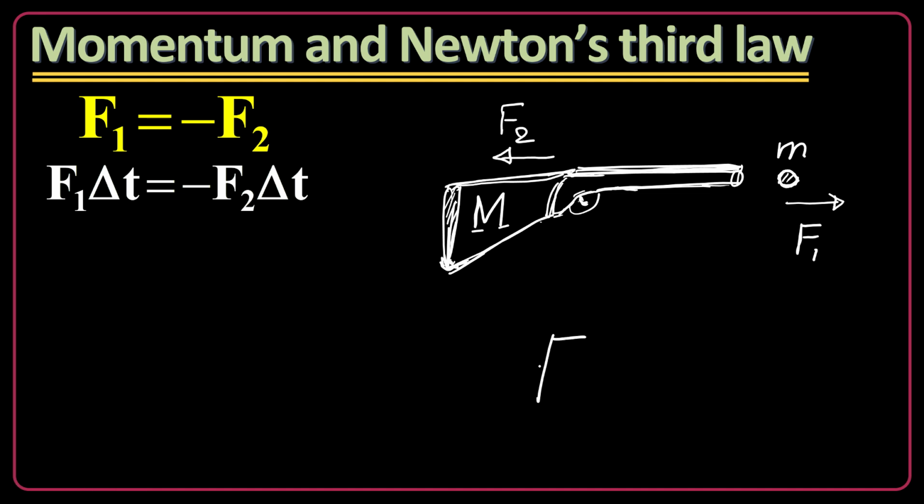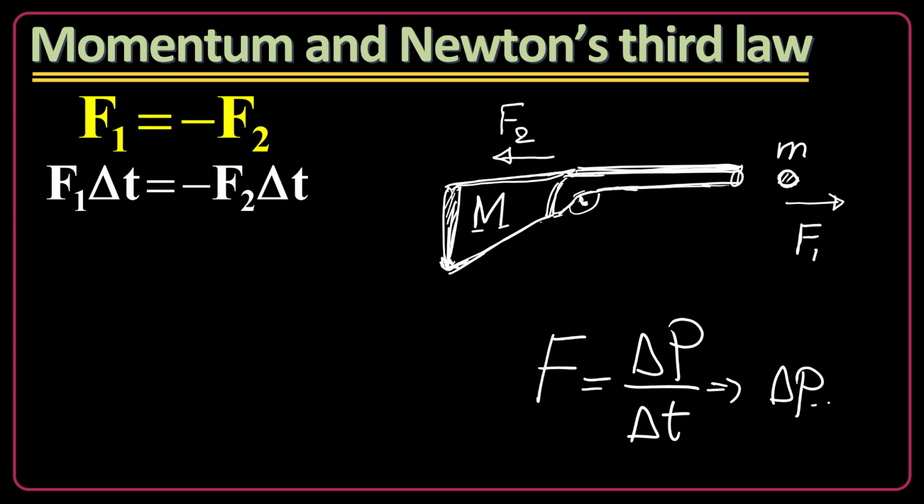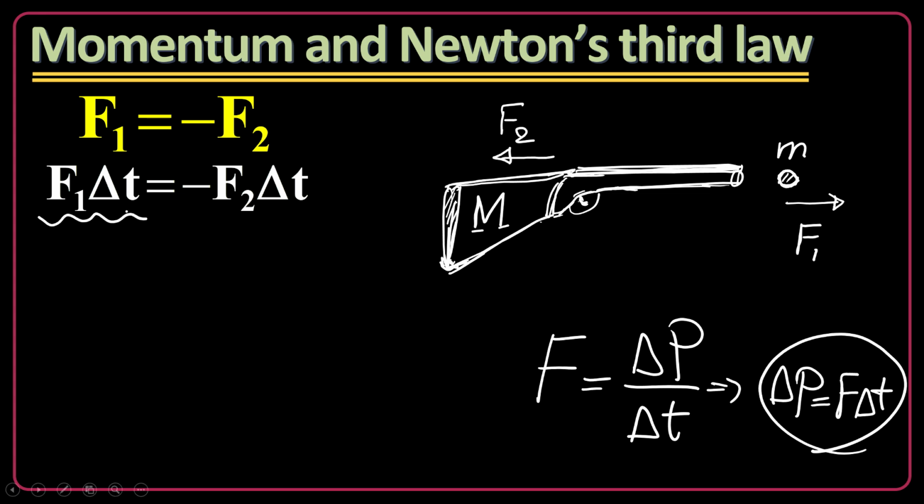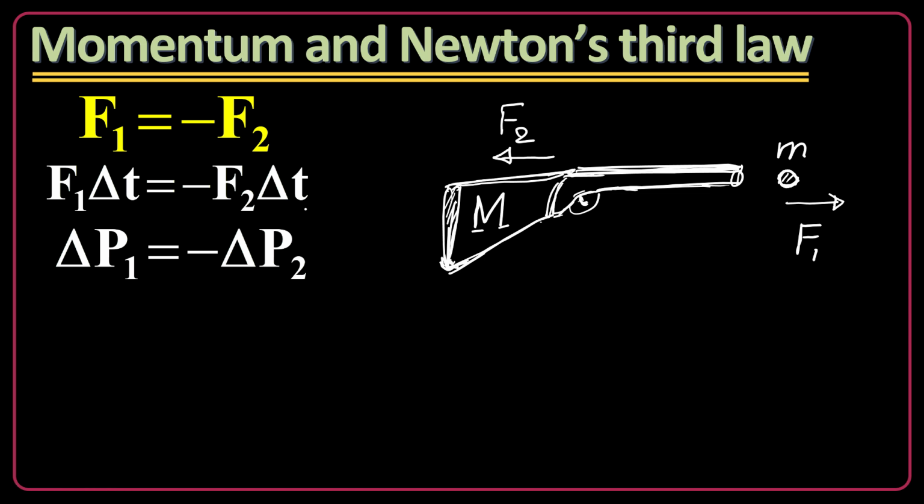You remember F was delta p over delta t. In previous videos, I mentioned it a lot. So delta p, the change in momentum, is going to be F times delta t. Here I see the change in momentum of the bullet, and here the change in momentum of the rifle. So delta p1 is equal to negative delta p2. So delta p of the system, what do I mean by the system?